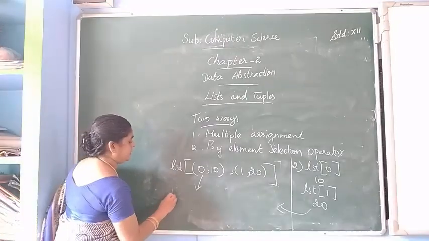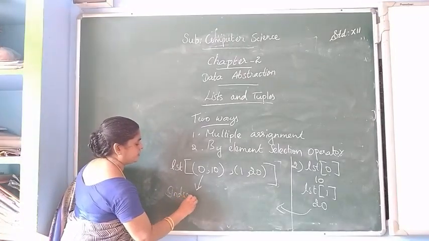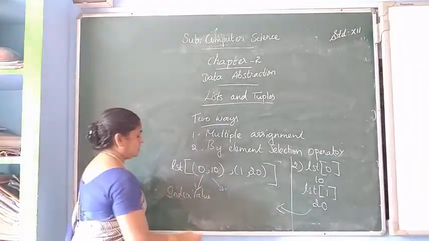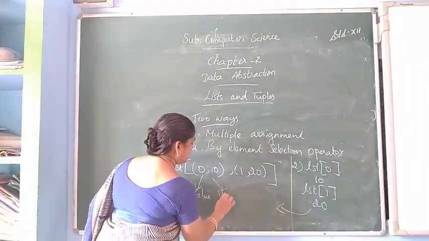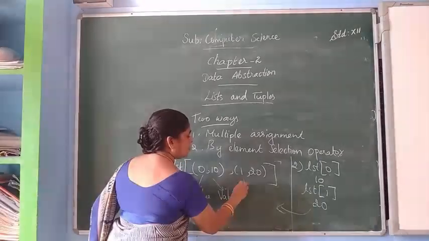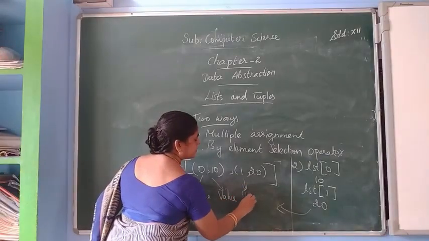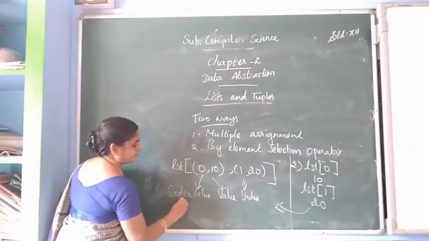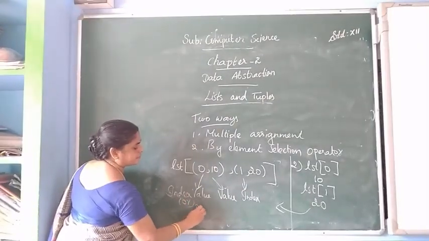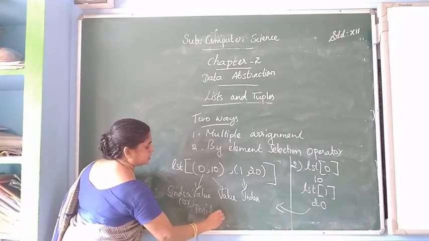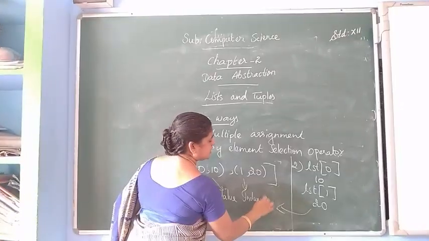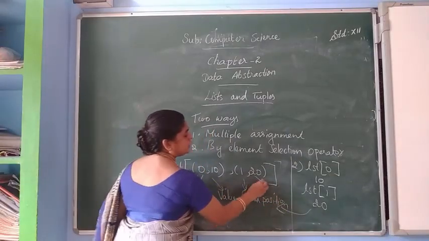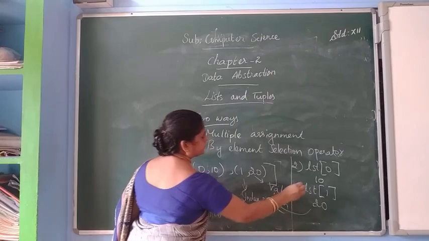Index value. What is 10? Value, only value. This 1 is also an index value or index position. 20 is the value.